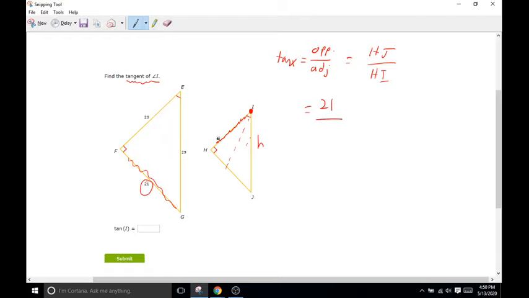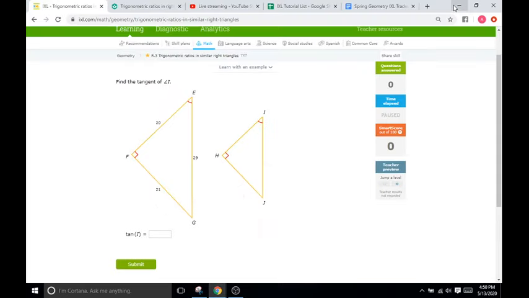The adjacent again is going to be HI, which looks like EF is going to be our correlating side. So it's going to be 21 over 20. We can't really simplify that down anymore, so we're just going to type in 21 over 20.